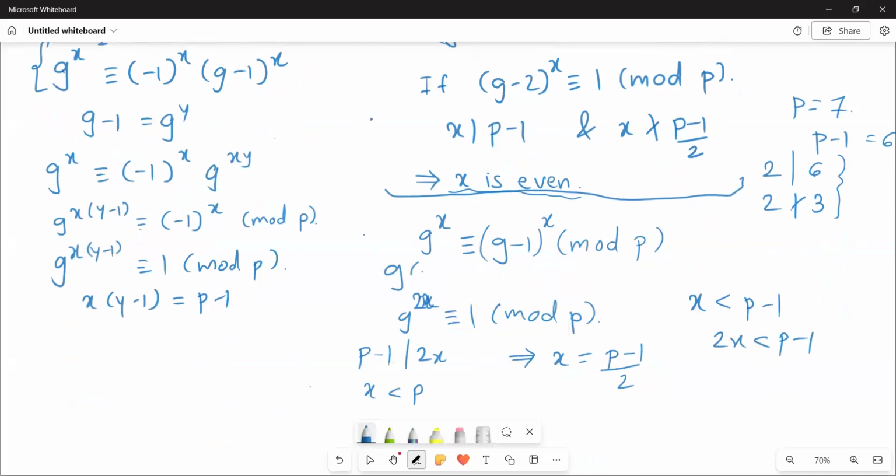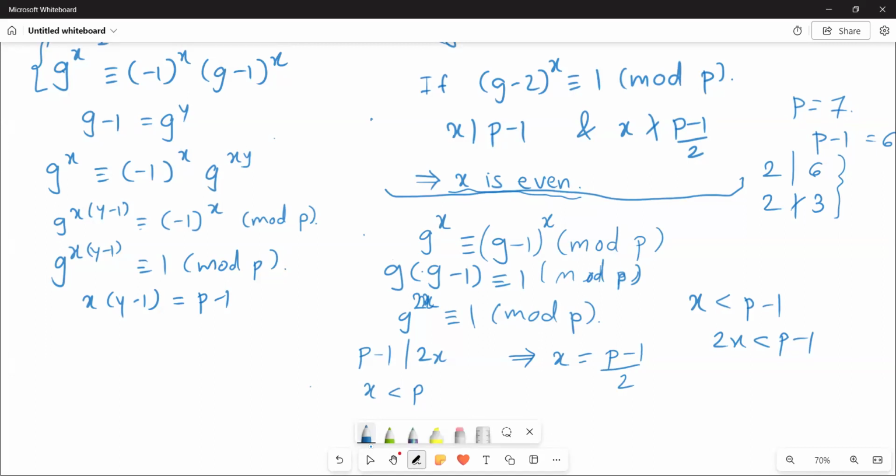We know g times g minus 1 is congruent to 1 because g squared is congruent to g plus 1 mod p. We know this and we know this. And hence we know g to the power 2x is congruent to 1 mod p.